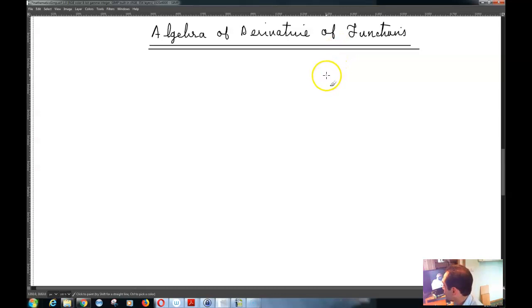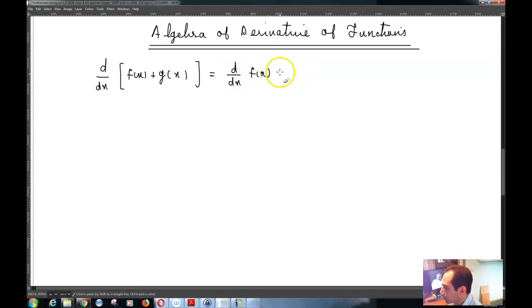So the derivative of the sum of two functions is the sum of the derivatives of the two functions. So d by dx of f of x plus g of x is d by dx of f of x plus d by dx of g of x.